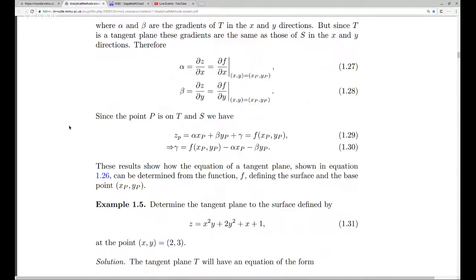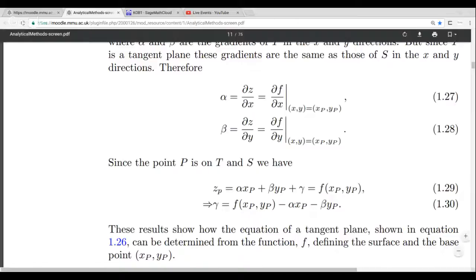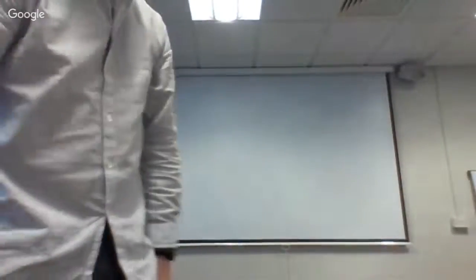So we'll just go through it and we'll correct it as we go. Okay, so we're looking at example 1.5.